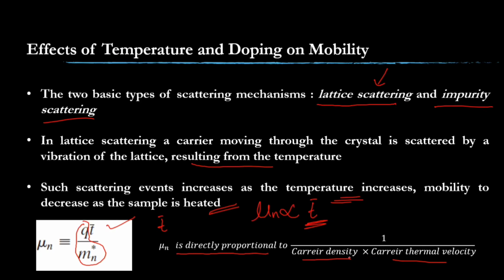The carrier density, meaning the number of carriers generated inside the semiconductor, depends on the temperature. The thermal velocity also depends on the temperature.